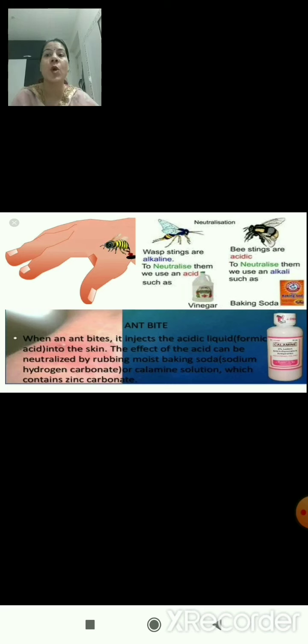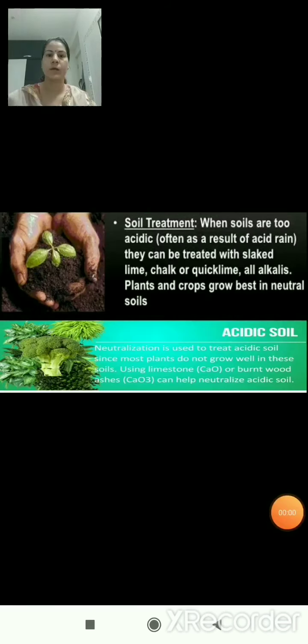The effect of the sting can be neutralized by rubbing a soda on the affected area, and that soda is nothing but baking soda, which is also known as sodium hydrogen carbonate, or calamine solution, which contains zinc carbonate, which is a base, on the affected area.